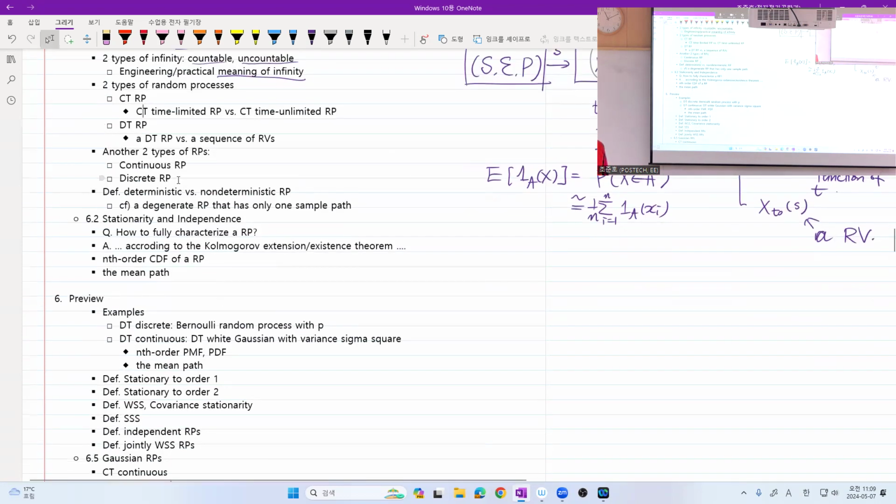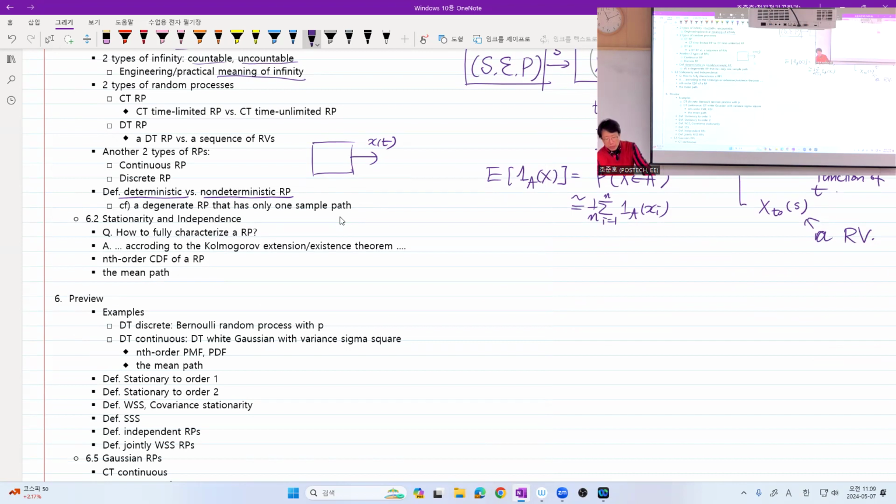Of course, we have some other classifications like deterministic random process and non-deterministic random process. Here, you must be careful with a deterministic function modeled probabilistically. For example, your system source always generates signal x of t.